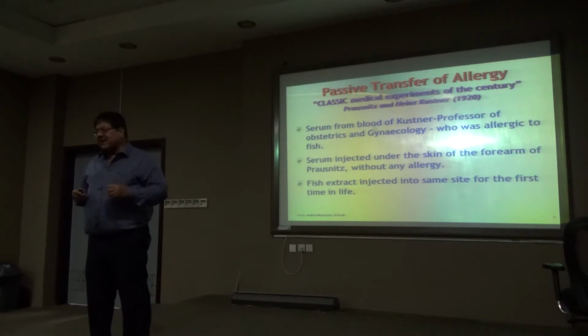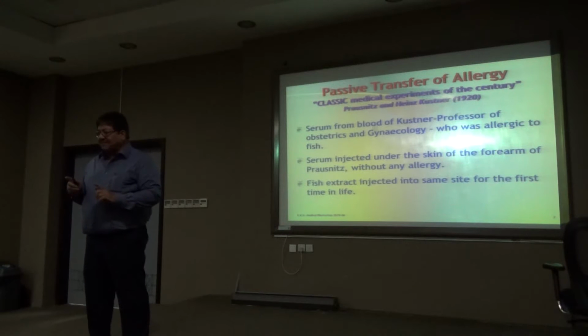So this guy is allergic to fish. He cannot tolerate fish, and he has allergic reaction. Another doctor took the serum of this patient or doctor who was allergic to fish, just the serum, and injected it under the skin here.